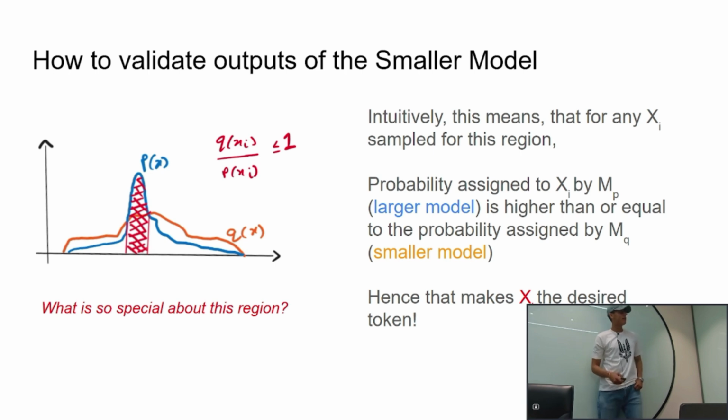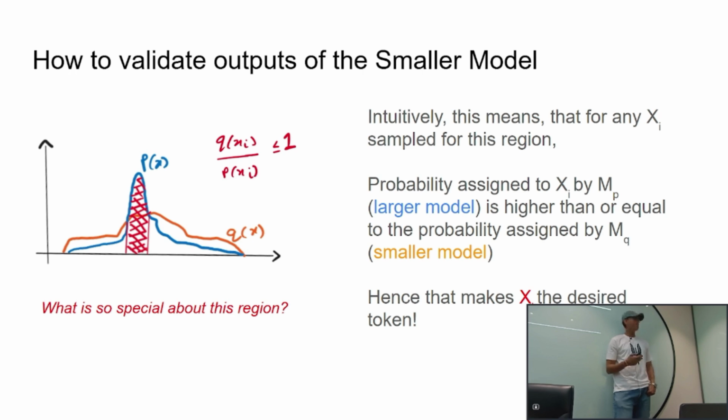Now mathematically, what this means is the following, for the probability of the sampled token. If the probability given by the small model divided by the probability given by the larger model is less than or equal to 1, that means that the token is correct.